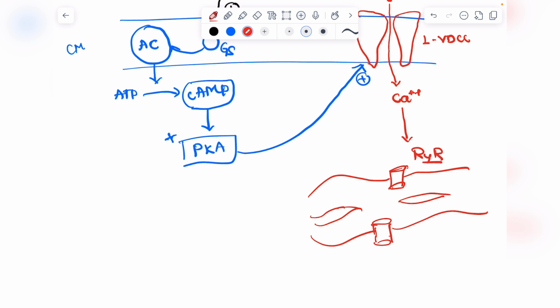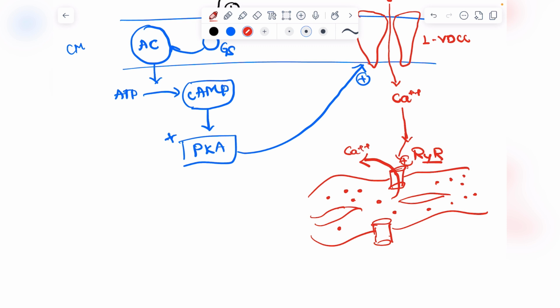This calcium goes and binds to or stimulates the RYR channels. The sarcoplasmic reticulum is rich in calcium; it is a storehouse of calcium. So calcium from the sarcoplasmic reticulum, that is SR, will now enter the cytoplasm.